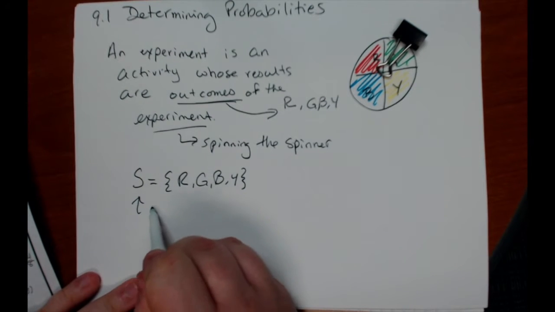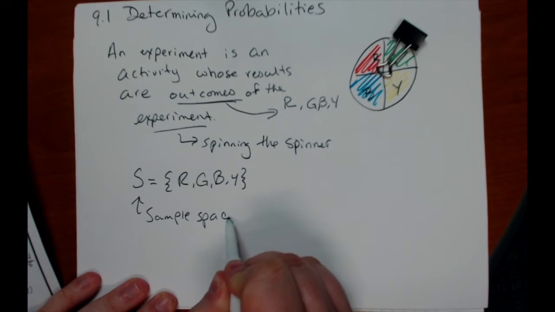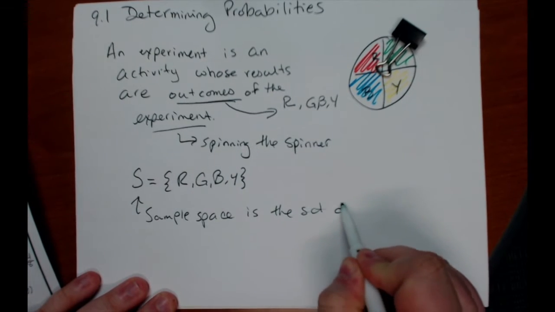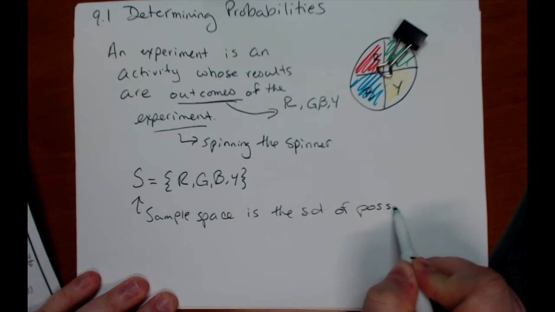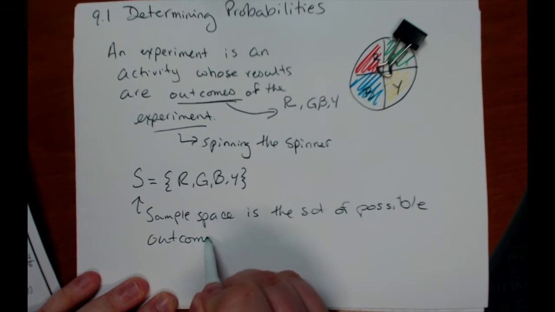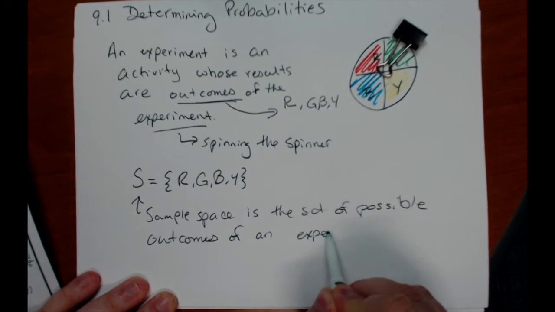This S is called the sample space, is the set of possible outcomes of an experiment.